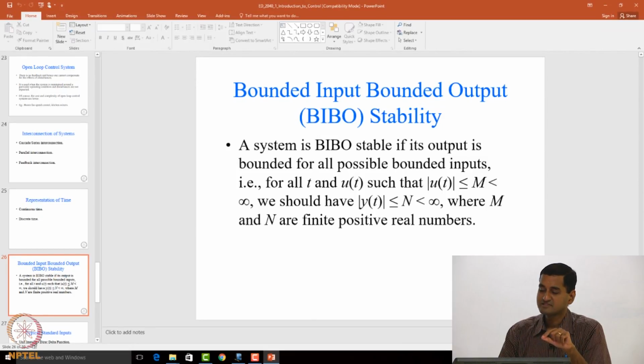A system is BIBO stable if its output is bounded for all possible bounded inputs. The keyword there is all. That is for all time t and u of t such that the magnitude of u of t is less than or equal to a finite positive number m, we should have the magnitude of y of t less than or equal to a finite positive number n. That is the definition of BIBO stability.